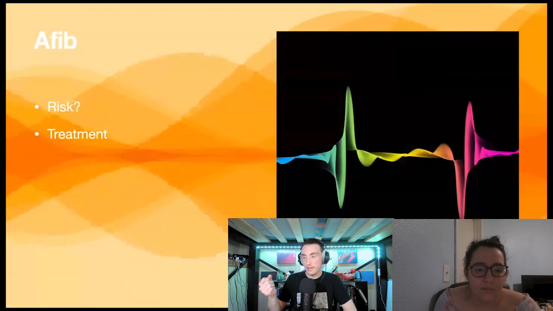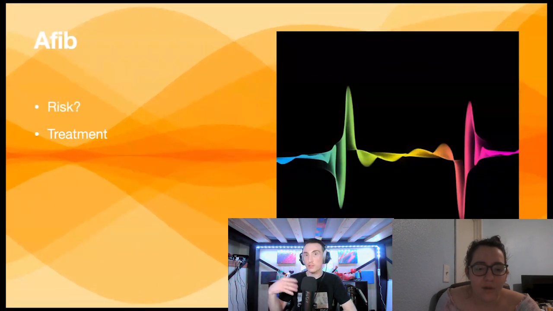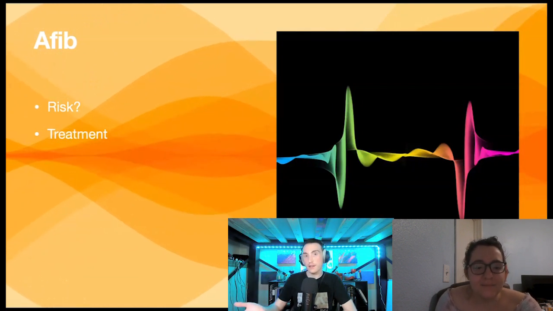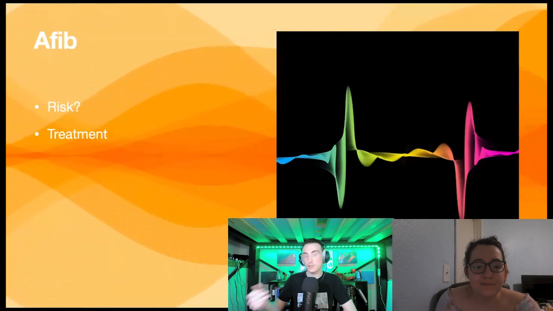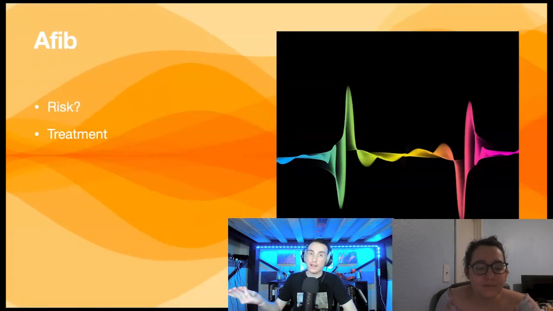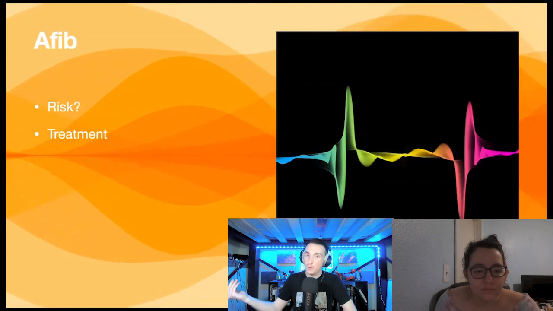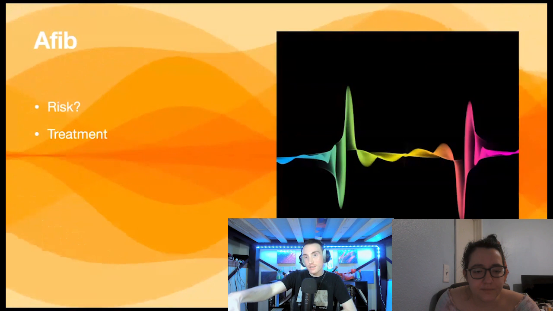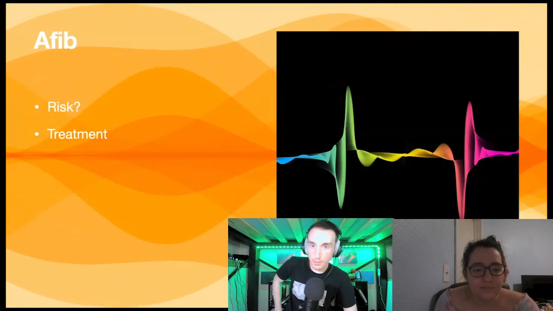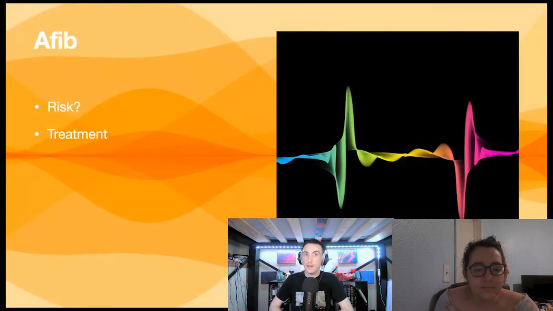And then it leads to blood pooling, which can lead to clots. So the biggest thing with AFib is that it can lead to clots, which can get shot out into the bloodstream and cause a stroke or a blood clot anywhere really. When it comes to strokes, we're talking about the brain, so a clot can be pushed up into the arteries of your brain, causing a blockage so blood can't get to your brain.